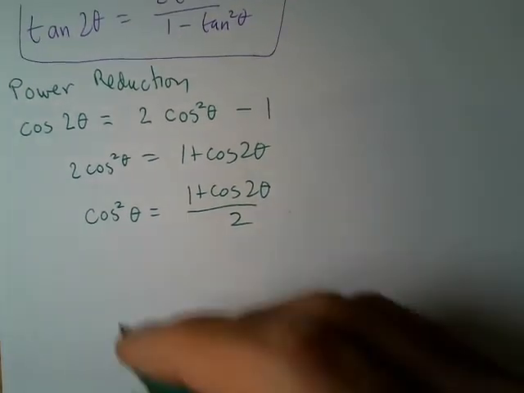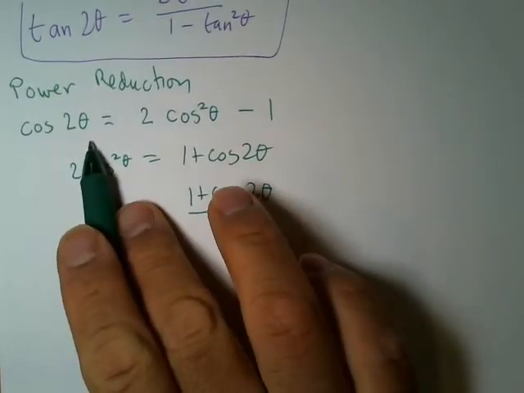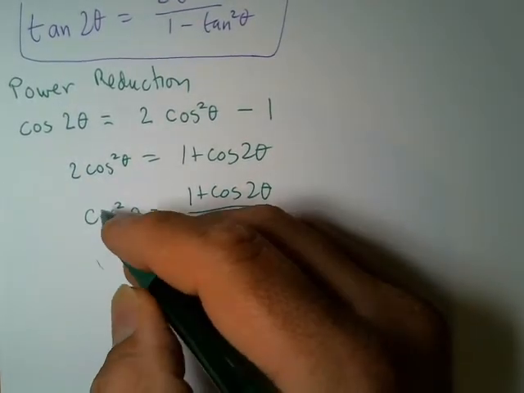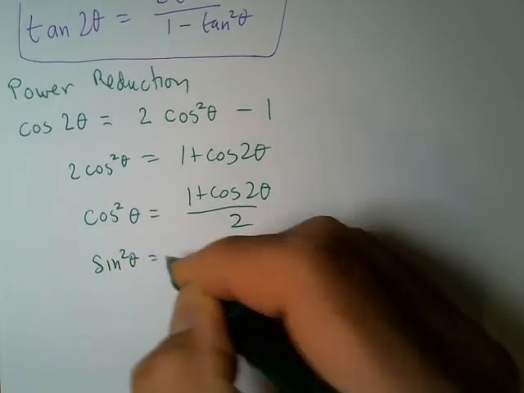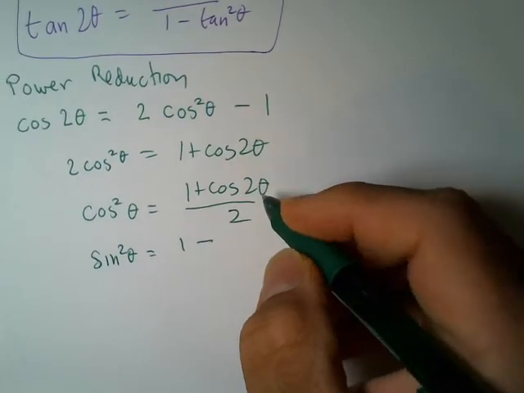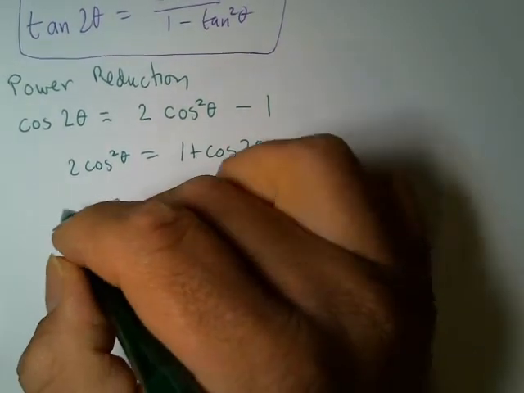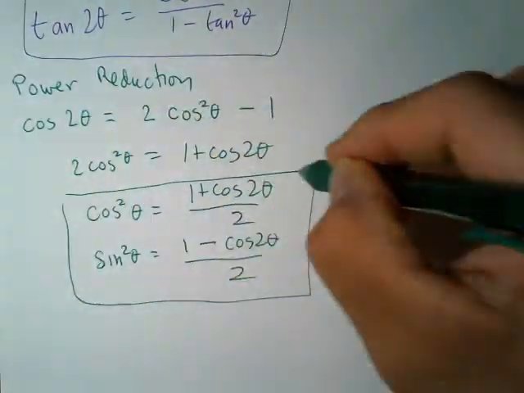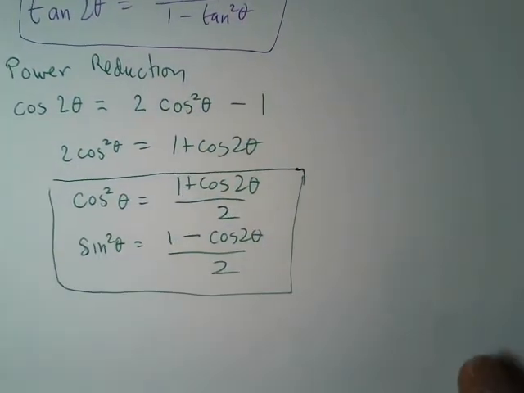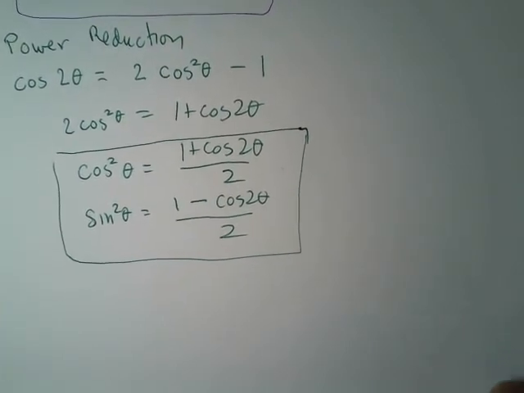Similarly, if you use the alternate form of the cosine of 2 theta, we can solve for sine squared theta, and in this case, instead of plus, we get minus, over 2. So these are our power reducing formulas. Again, helpful in certain situations.